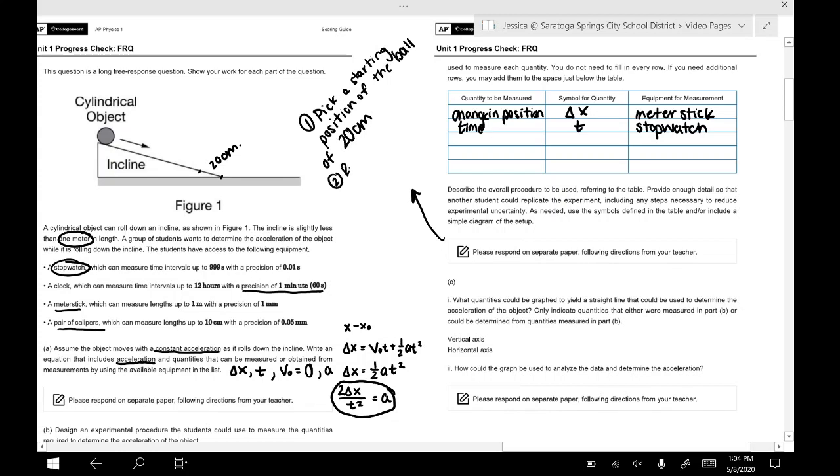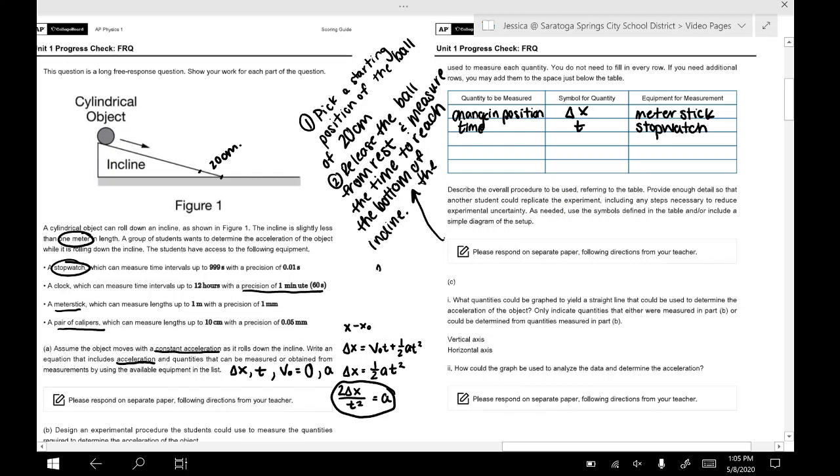Okay. Release the ball from rest and measure the time to reach the bottom of the incline.